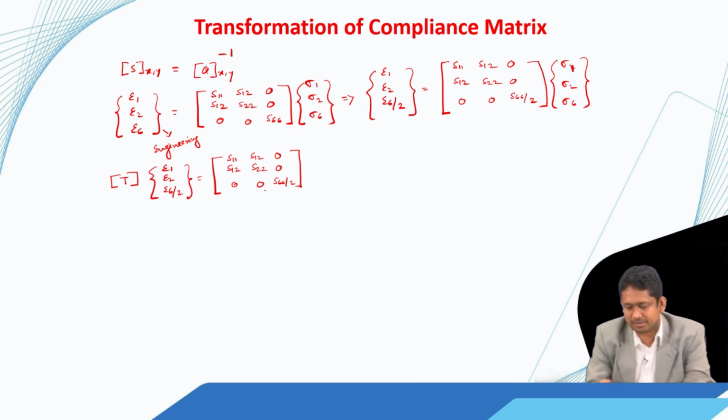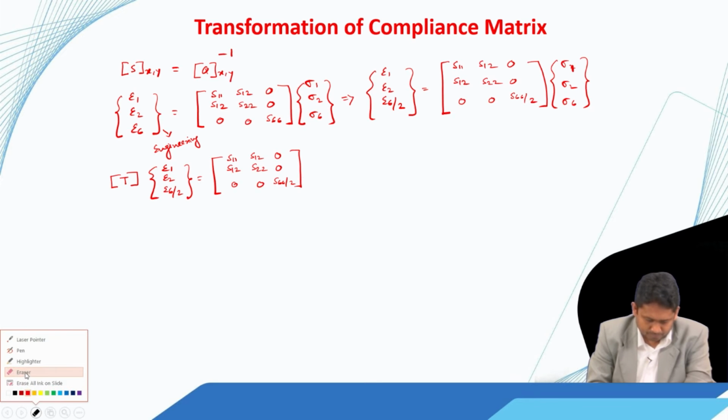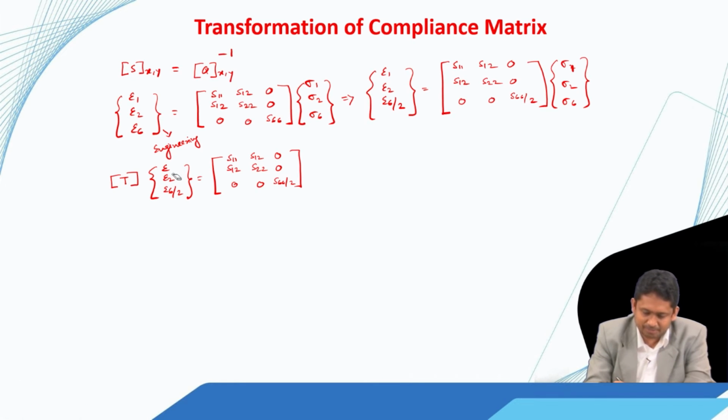So, S matrix multiplied by T. When we write this transformation relation, if I multiply it by T, this becomes epsilon x, epsilon y, epsilon s by 2 in xy.